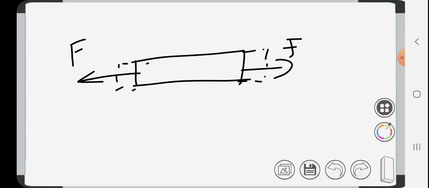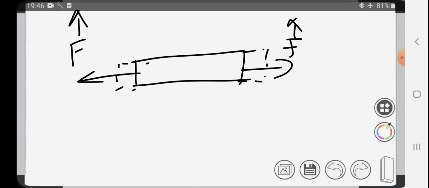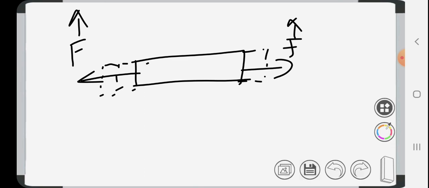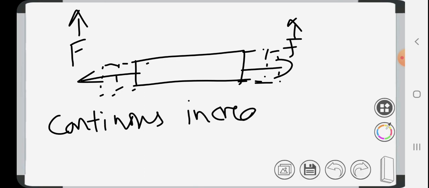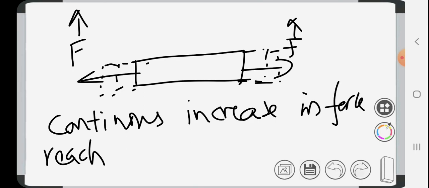If we increase the force, it will continue to elongate, with continuous strain. As you continue increasing the force, it reaches a particular level.